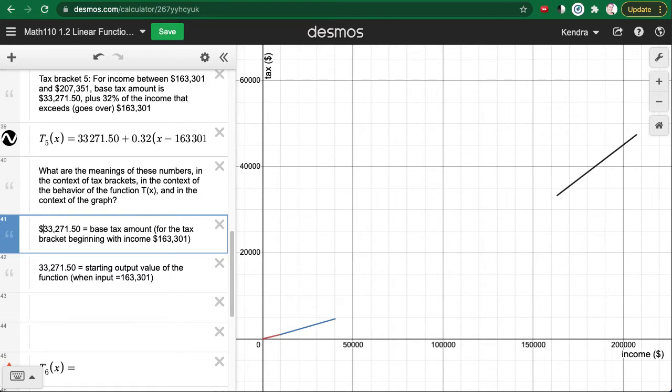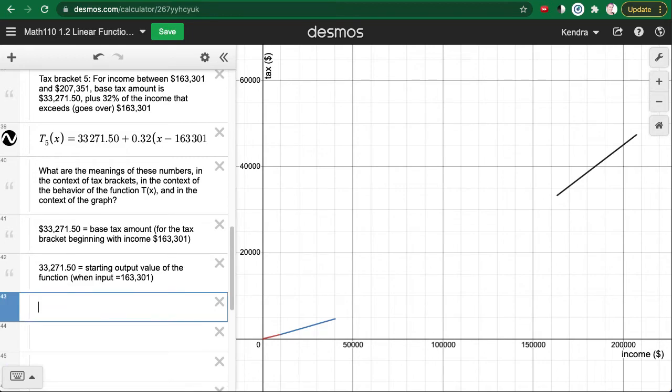Okay, let's put the dollar signs in here. So this is the starting output value when the input is $163,301. And okay.